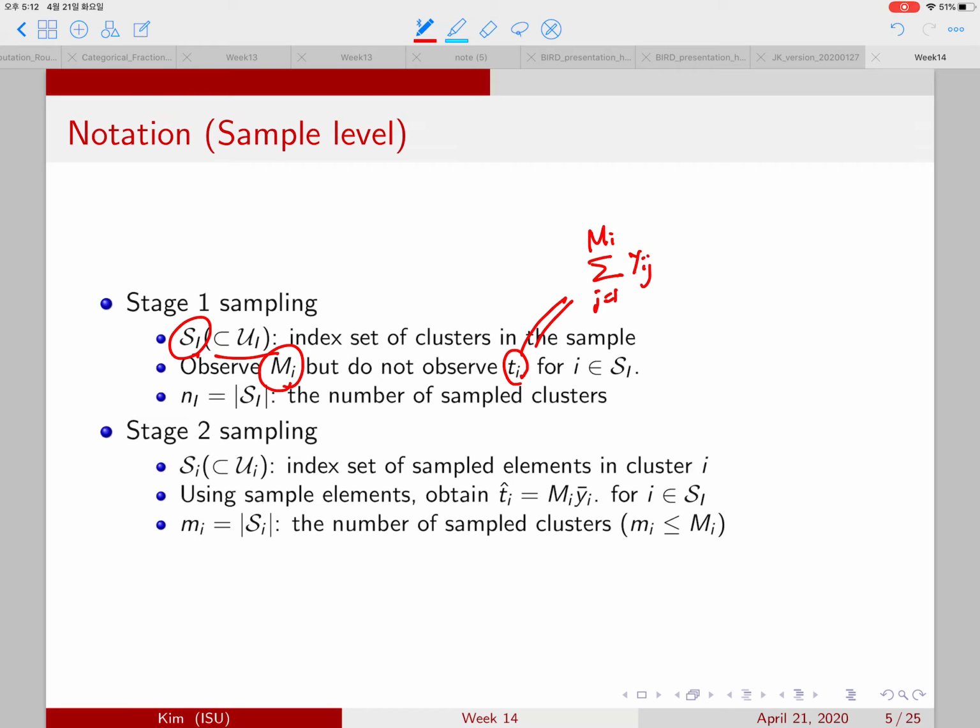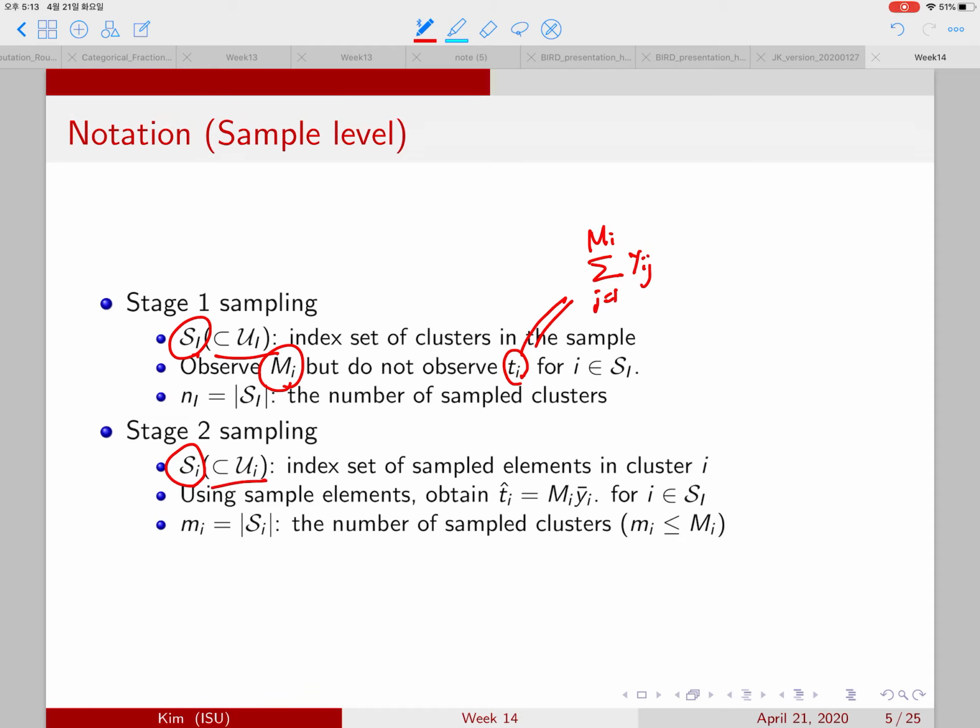For stage 2 sampling, we have a subscript s_i. Sorry, there are so many s's in this notation, and I know that's quite confusing.